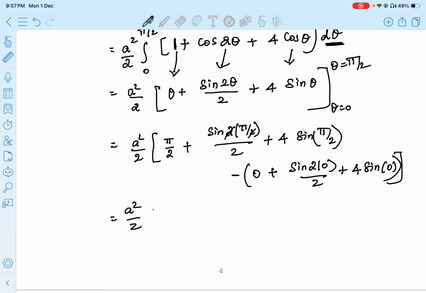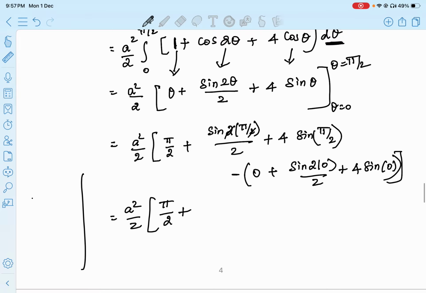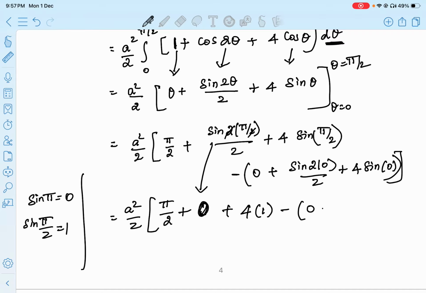So a square by 2, pi by 2 plus, what is the value of sin pi? Sin pi is equal to 0. So 0 by 2 is 0, plus this one. What is the value of sin pi by 2? Your sin pi by 2 is equal to 1. So 4 into sin pi by 2 is 4, minus this is 0, this is 0, and this one is also 0.